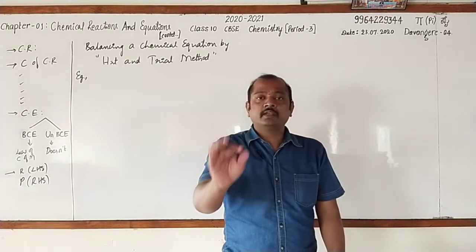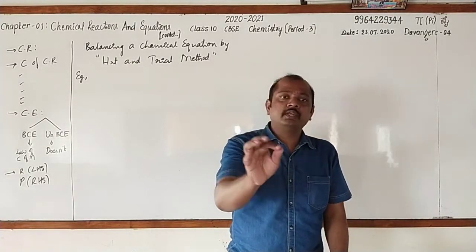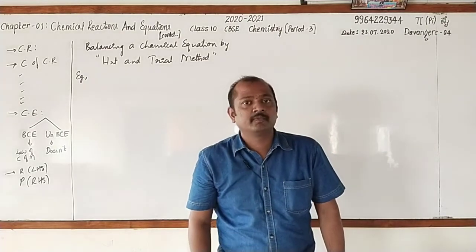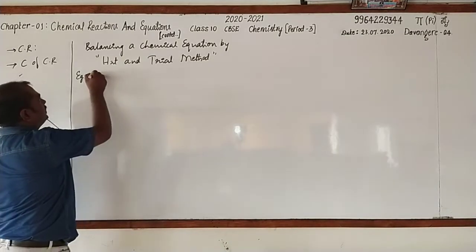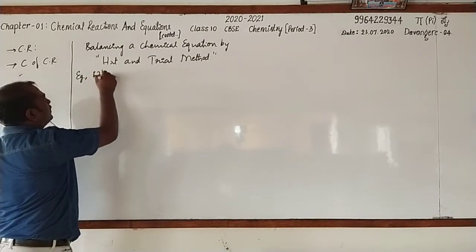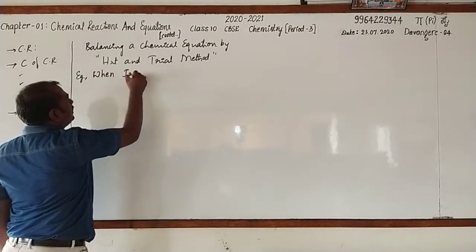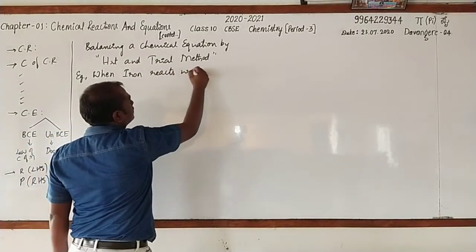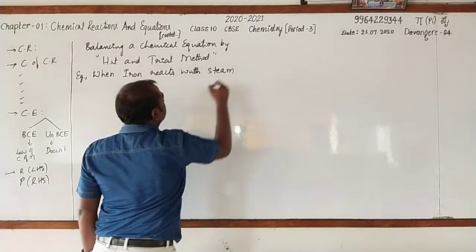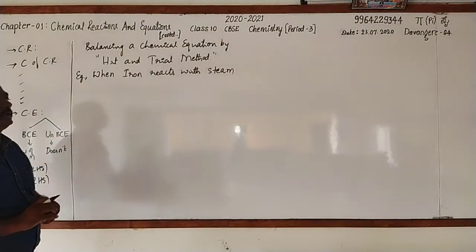Yes, iron reacts with water only in the form of steam. Hence we can say that iron reacts with steam. Here I'll write, when iron reacts with steam, then it is the gaseous form of water.